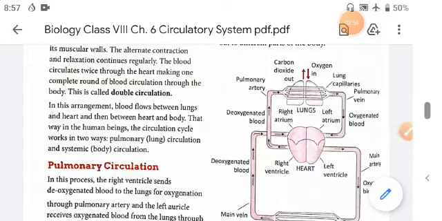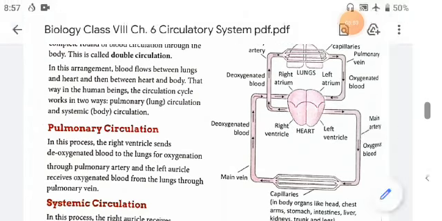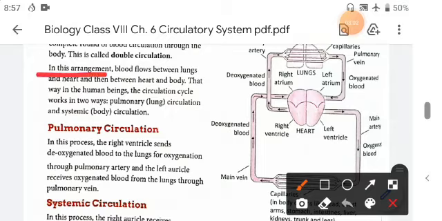Now, in this arrangement, that is in double circulation, blood flows between lungs and heart, and then between heart and body.